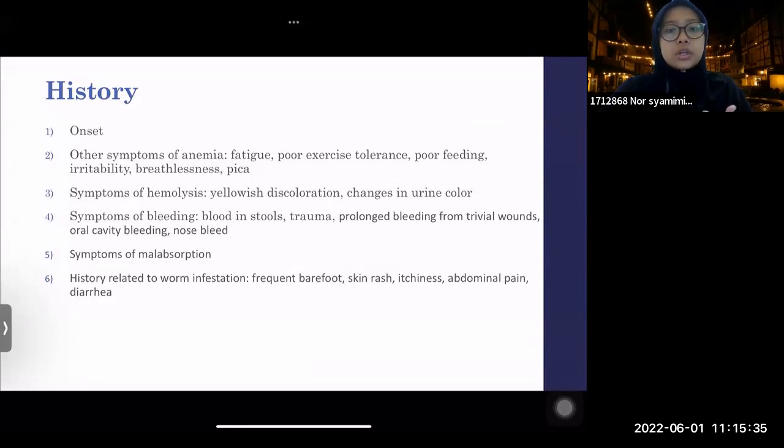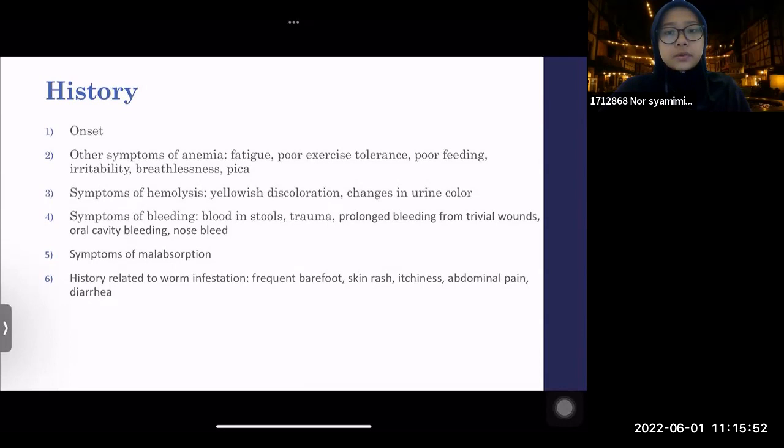And then we ask about the other symptoms of anemia, such as fatigue, poor exercise tolerance, in this patient poor feeding, any irritability or breathlessness, or pica, which is the compulsive eating of non-nutritive substances.